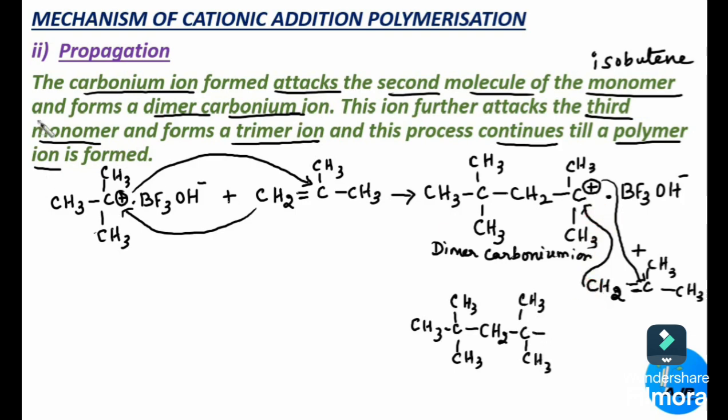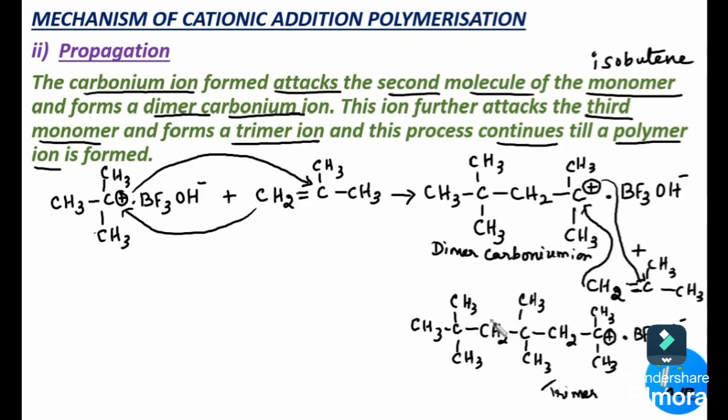We are adding the CH2 here. So CH2, single bond C, CH3, CH3, positive charge dot BF3 OH minus. So this is a trimer. So we have got a trimer. Okay. Now what happens? Trimer carbonium ion.